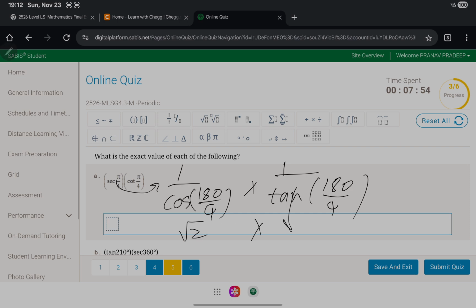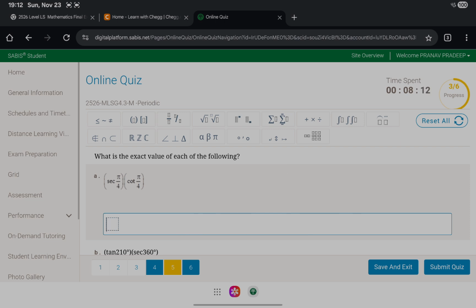And if you do it here, you get 1. So if you multiply radical 2 times 1, okay, let's just do it. 1 over tan 180 divided by 4. Yeah, you get 1. So it's radical 2.